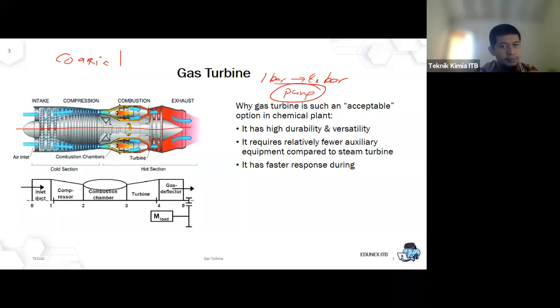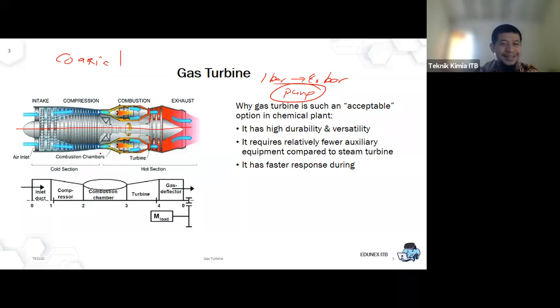And this pump is powered by an external energy source such as electricity, steam itself, or diesel, and other things. But for gas turbine, it's unique. For the gas turbine, the one that rotates the compressor is the turbine.